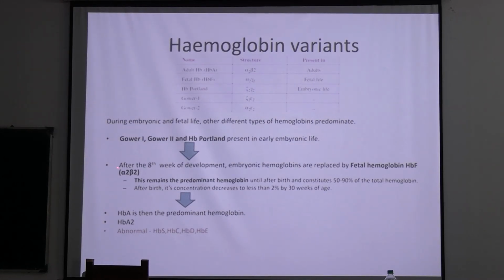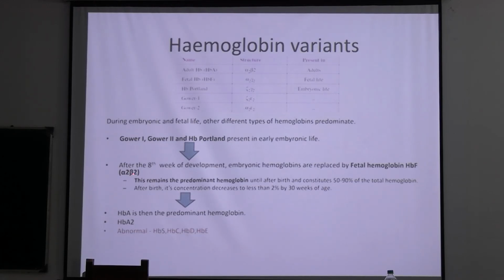Okay. At the 8th week of development, these Gower 1, Gower 2, Portland, are gradually replaced by fetal hemoglobin or HbF. That is alpha 2 gamma 2, not beta 2, it is wrongly written here.